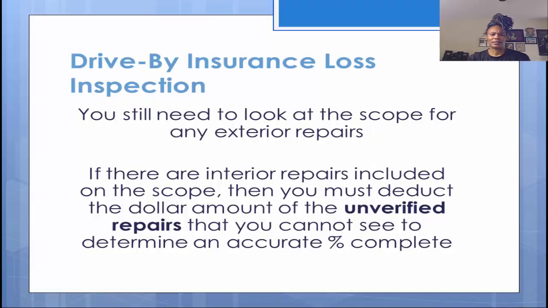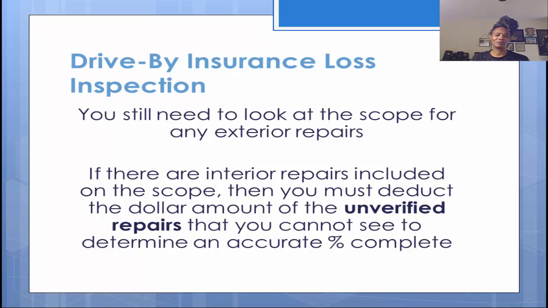With drive-by insurance loss inspections, you still need to look at the scope of repairs. For all the exterior repairs, sometimes it's the roof, gutters, siding, things like that, depending on the damage. But sometimes there are interior repairs included on your scope. When that happens and you cannot access the interior, you can't verify if those repairs were done or not.